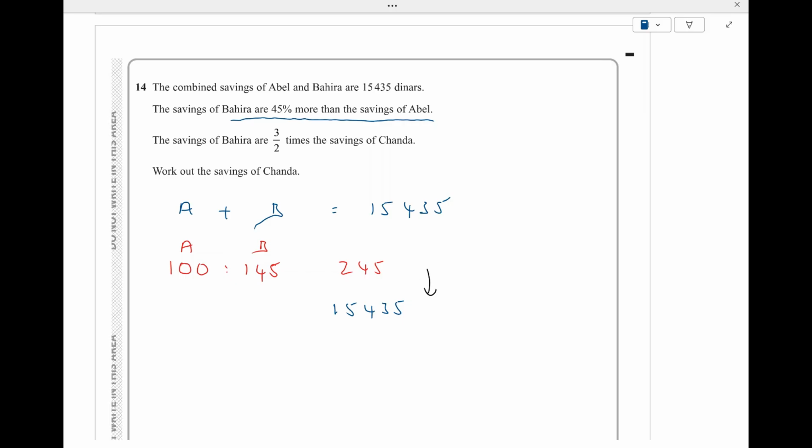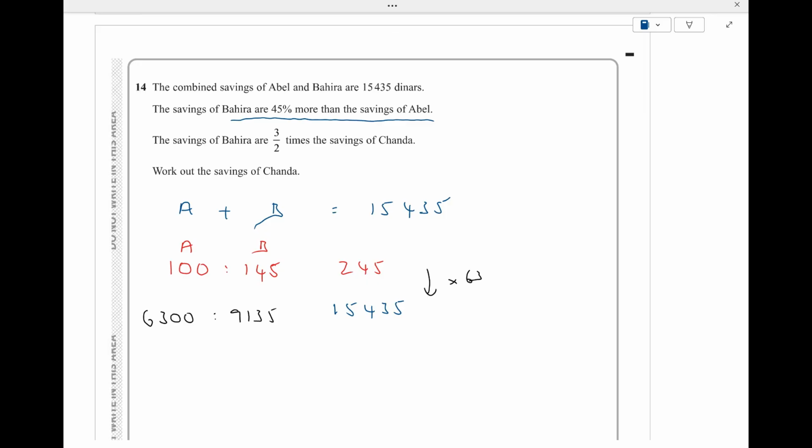So what are we multiplying by here? Let's have a look. 15435 divided by 245. Multiplying by 63. So now I can work out 100 times 63 for A and 145 times 63 for B. 9135.